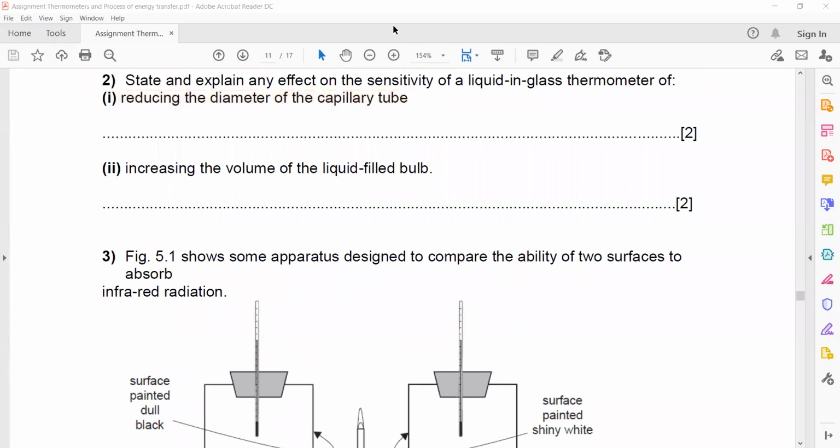And how does it affect the sensitivity? Increasing the volume increases the sensitivity.